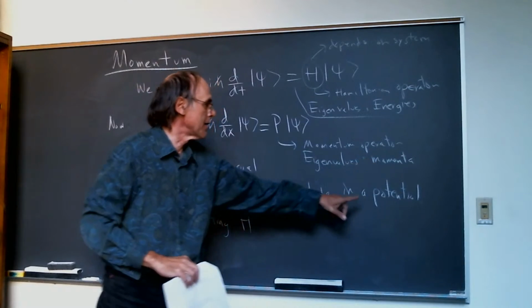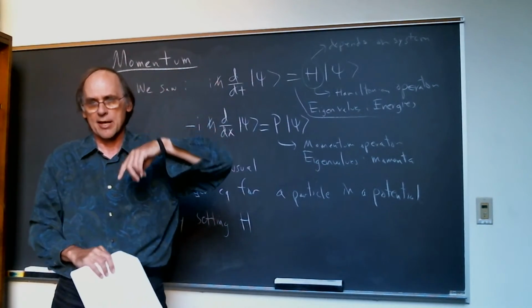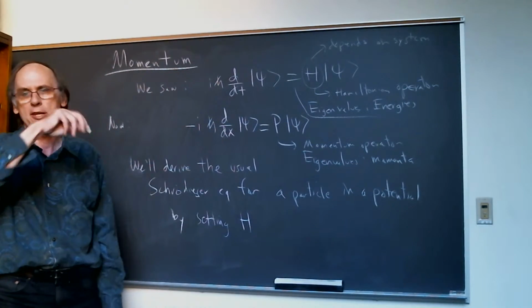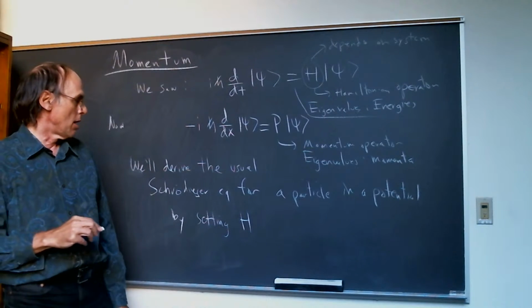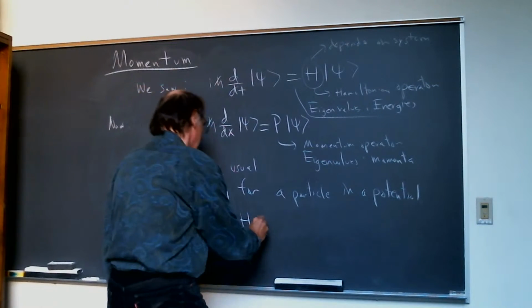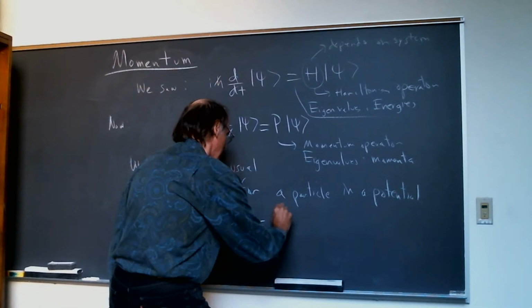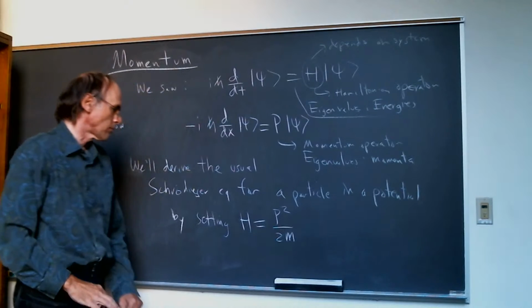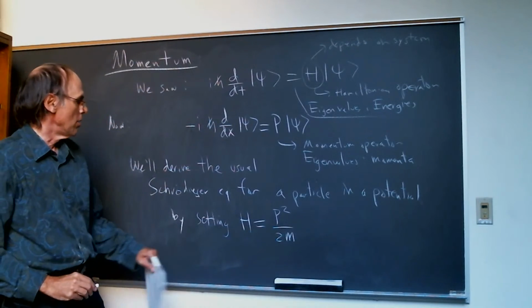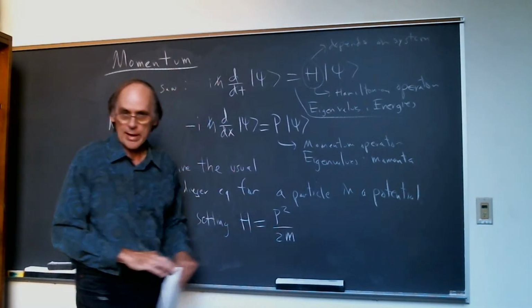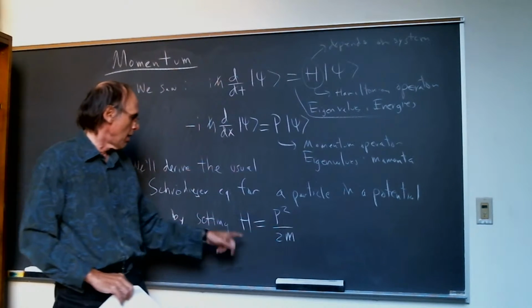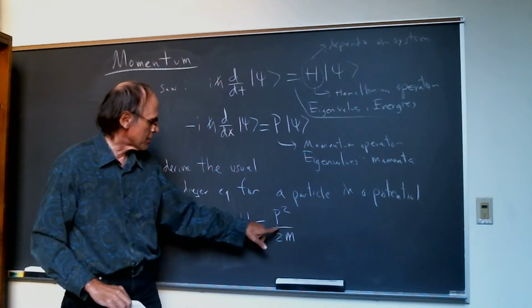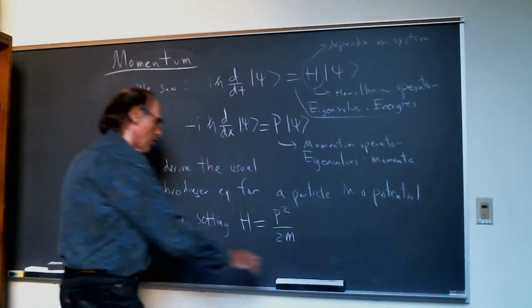The kinetic energy is a half the mass times the velocity squared, or it's the momentum squared over 2m. So H is going to be p squared over 2m. This is mainly what we'll be studying for the first part of this class, where H is just this, what we call the free particle.